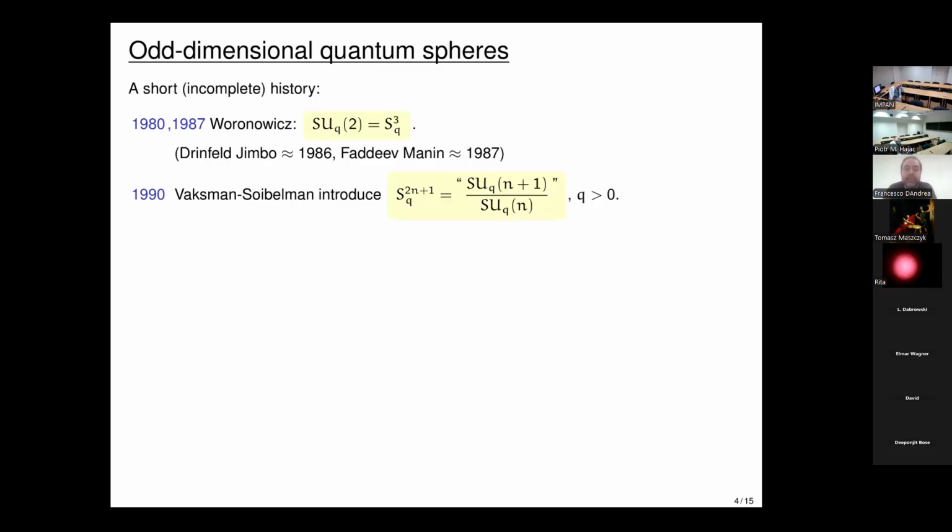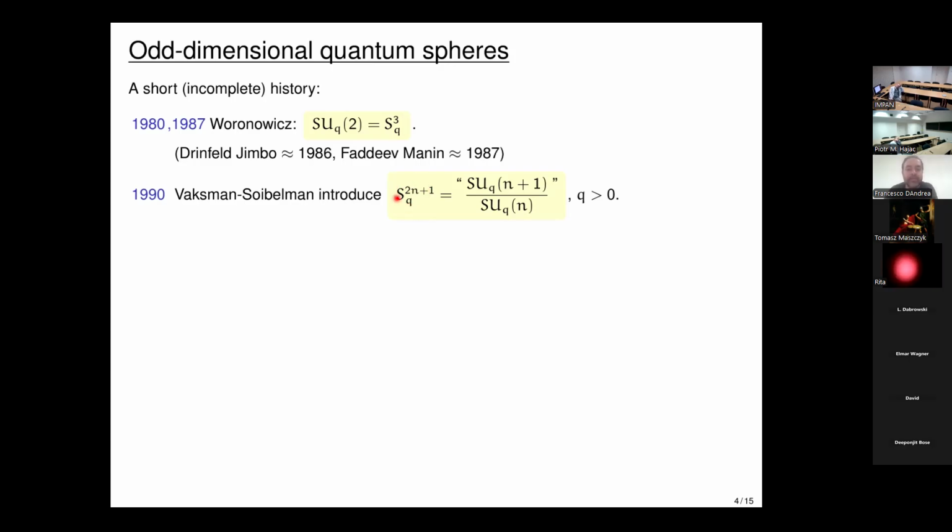The starting point is the quantum group SUQ n plus 1, where n is a non-negative integer. You quotient by the subgroup SUQ n, and of course you have to give meaning to this quotient. It means you have a coaction of a quantum subgroup, and you look at invariant elements. This is how you define the sphere S2n plus 1 Q.